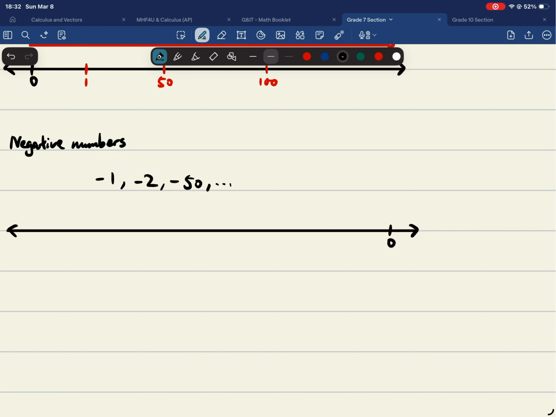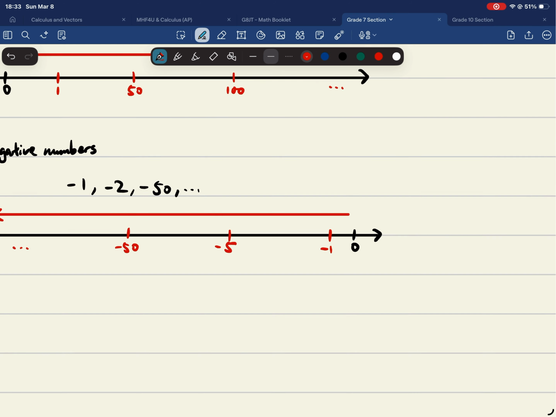Here, this is 0, and if you look to the left, these will be negative numbers. For example, -1, -5, -50, and so on.